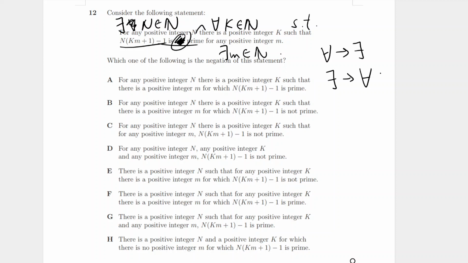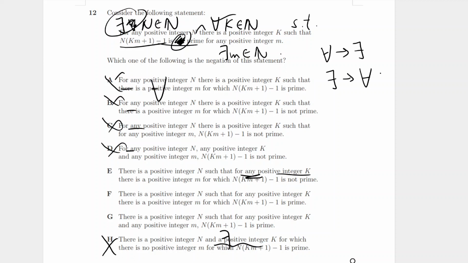Now we have the exists here. So A, B, C, D are all wrong, because this is for any, and for any was this symbol. That's no good. Now, we want for any positive integer k. The H is wrong now because this is there exists, so that's not what we want.